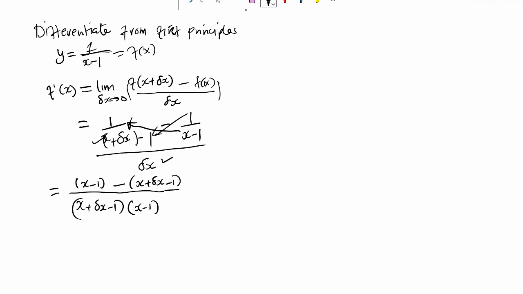And since I was dividing by change in x, I shall multiply by 1 over change in x.